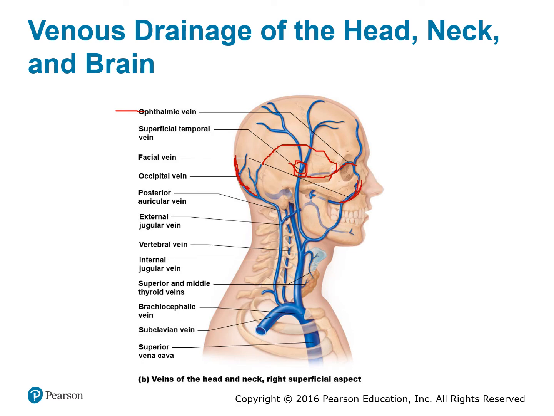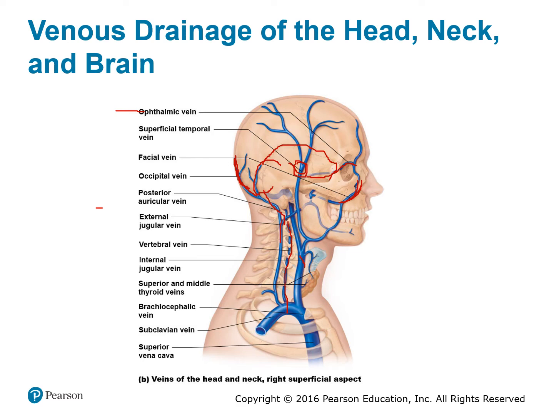Occipital. Posterior auricular, so that's going to be draining the ear, right? External jugular. Vertebral vein, we had a vertebral artery in that transverse process. We have a vertebral vein in there as well. We have an internal jugular vein right over here. You could see that.